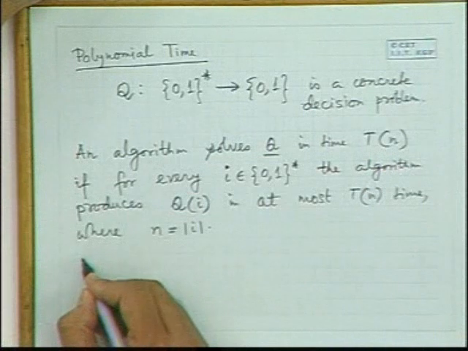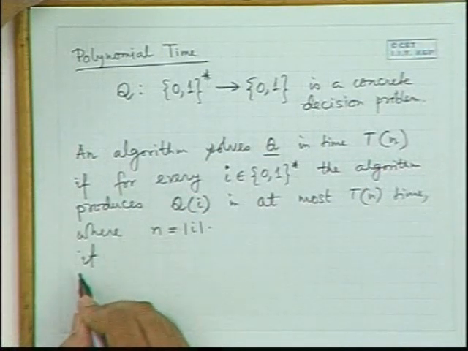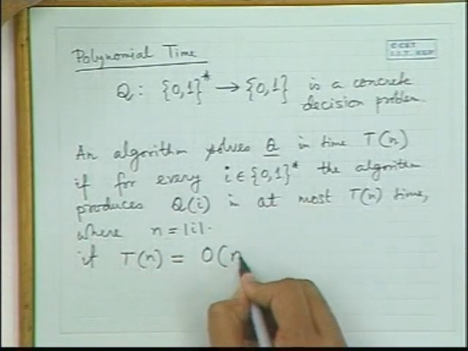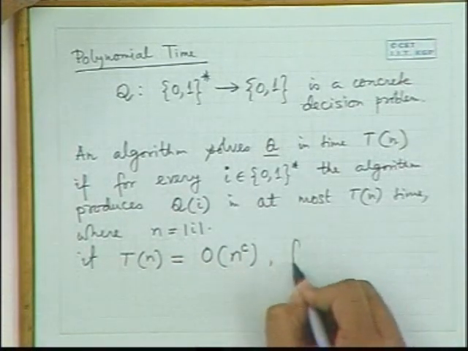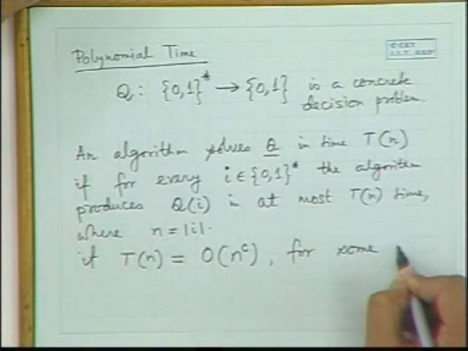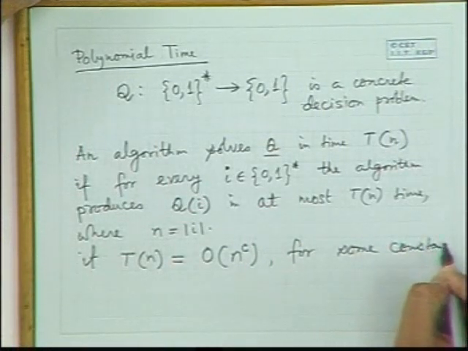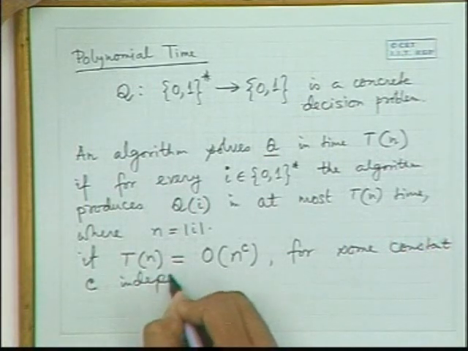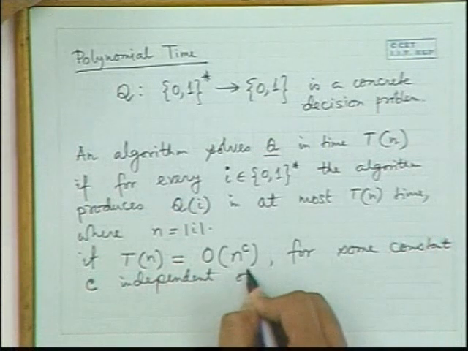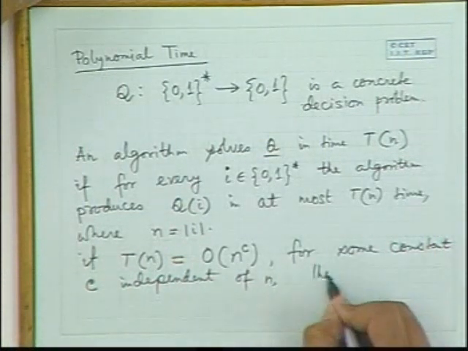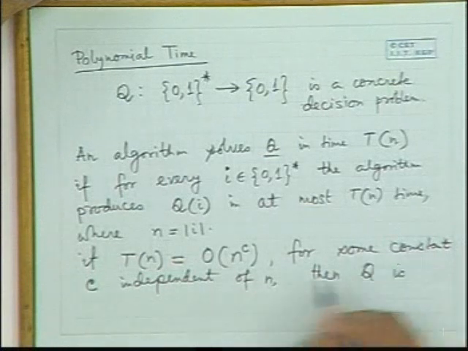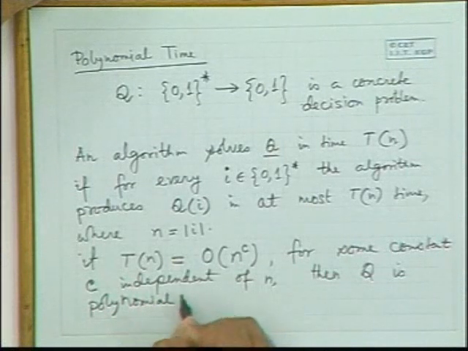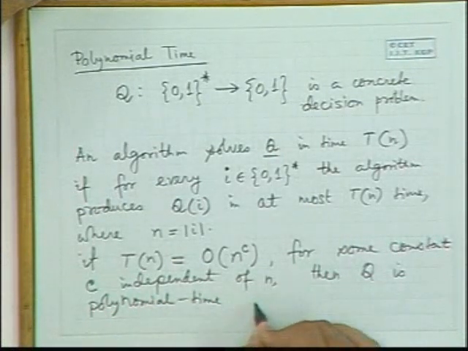Now this is the definition of polynomial time. If T(n) is equal to O(n^c) for some constant c independent of n, then Q is polynomial time solvable.